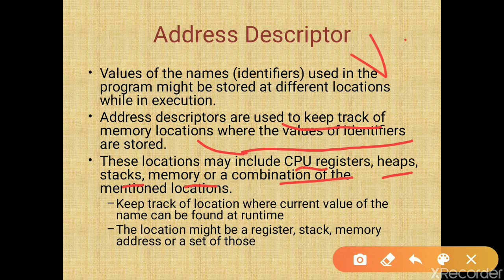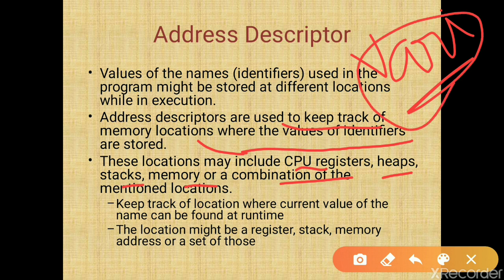Here we are giving importance to the variable. Which variable, that particular variable is stored in which location. So, it is giving more importance to the variable. In the register descriptor, we are giving importance to the register, which variable is stored. Clear? So, which variable is stored in which memory location will help us understand what value is stored and inside which memory location we are storing a particular variable.